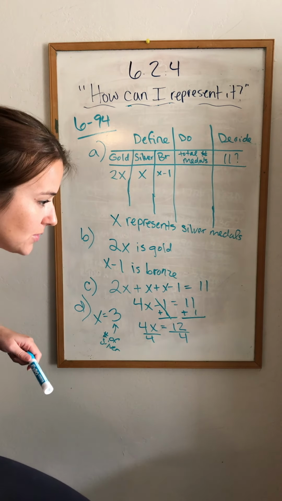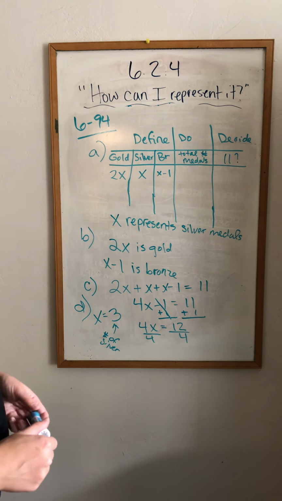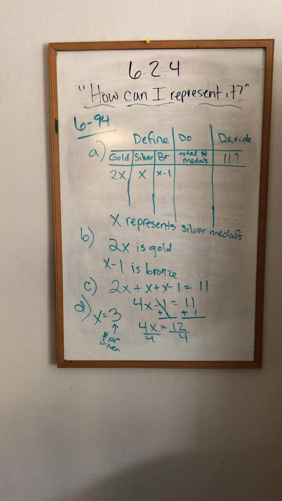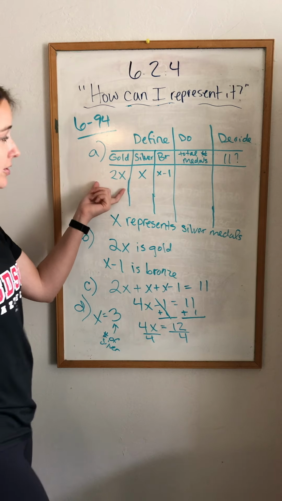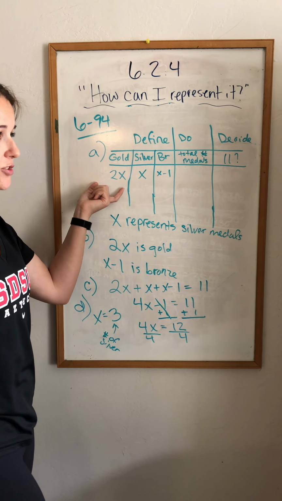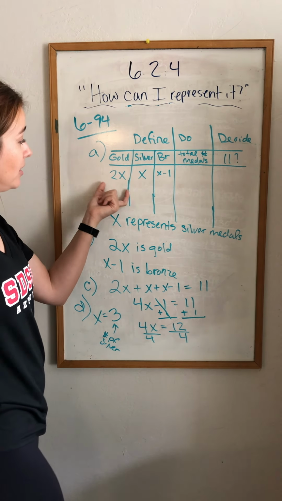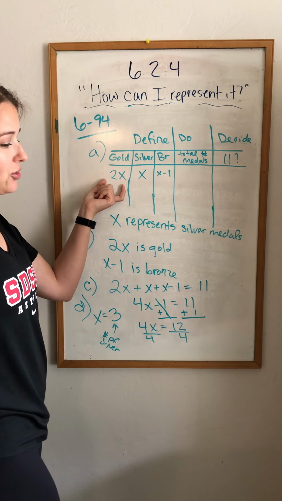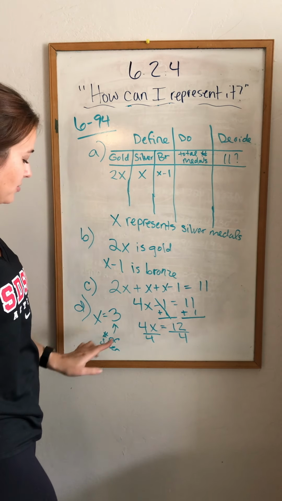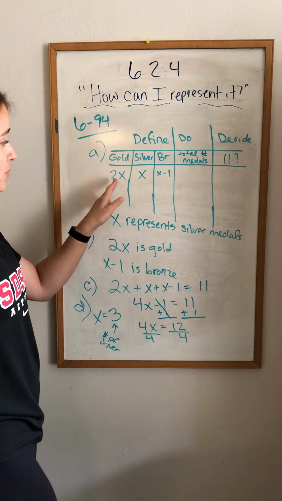So then it says part E, how many gold medals did Jamaica earn? And explain how you know. So we have to go back to the gold, and what it said in the problem was that gold had twice as many as silver. So they represented it as 2 times x, and since we now know x is 3, we can just plug 3 right here.